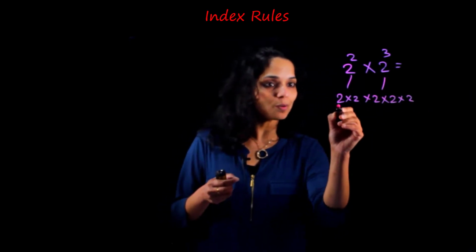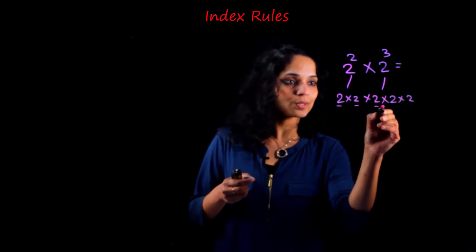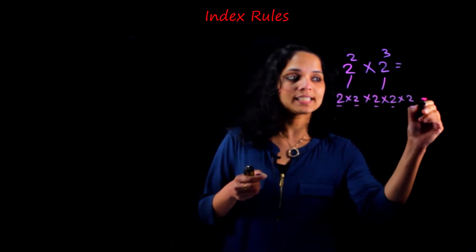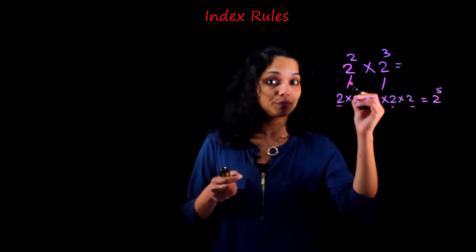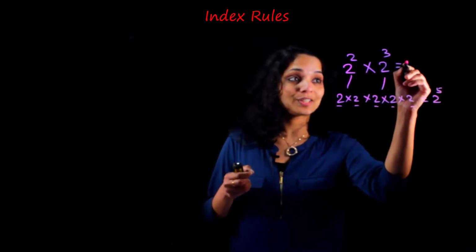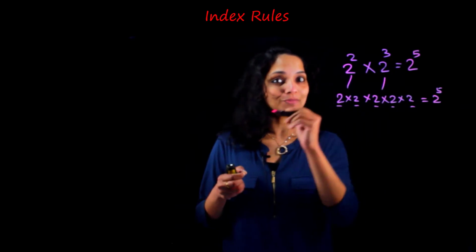How many 2s are there now? 1, 2, 3, 4, 5. A simple way of writing that is 2 to the power 5. So the answer for this is 2 to the power 5.